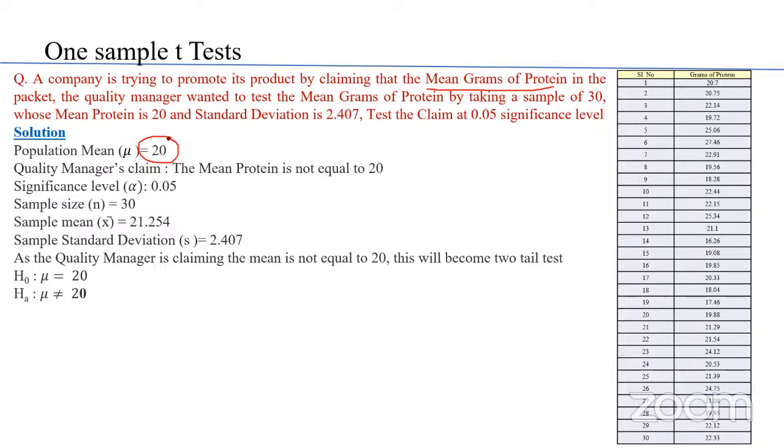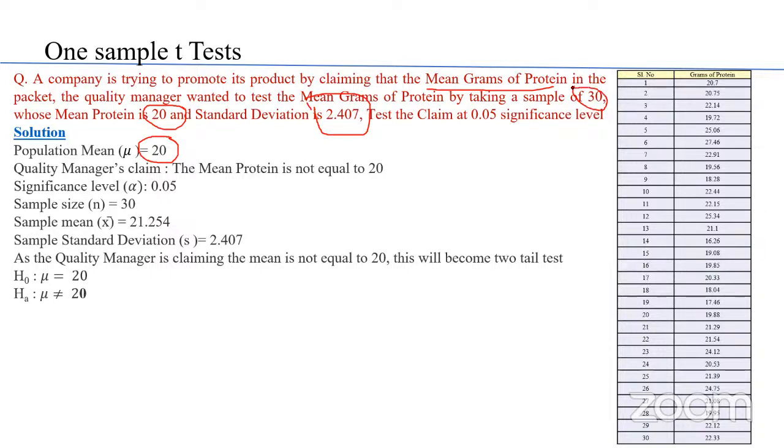It is almost similar to the sample sachet example that we have seen, but the only difference is we have a sample mean and sample standard deviation. And the sample size here is 30.